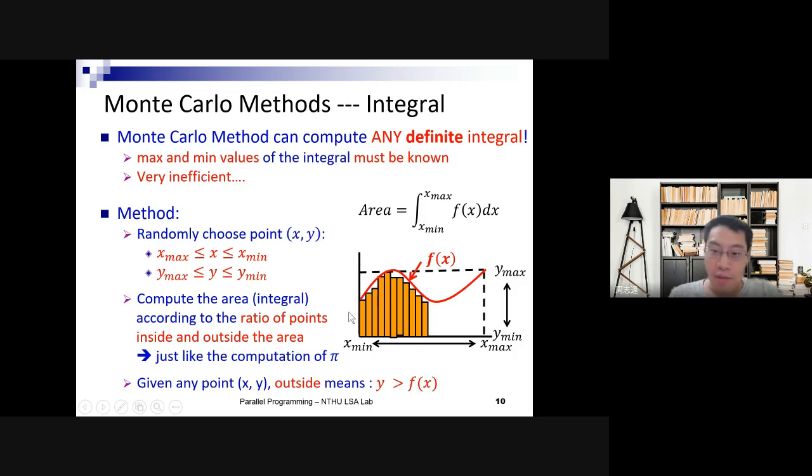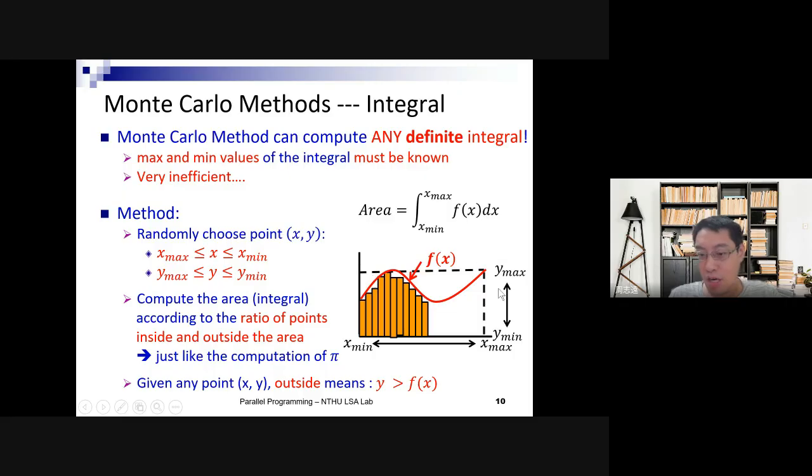However, this computation is not very efficient, as you could probably imagine, because the efficiency of this result will depend on the area, right? How much area is covered in this rectangle? If this rectangle is huge, if this x max is a huge number, then the number of sampling points needs to increase proportionally to this area.